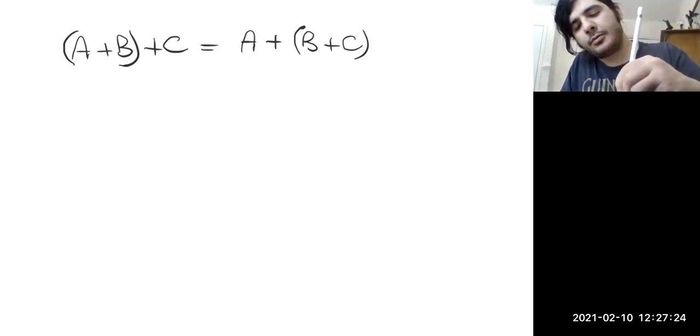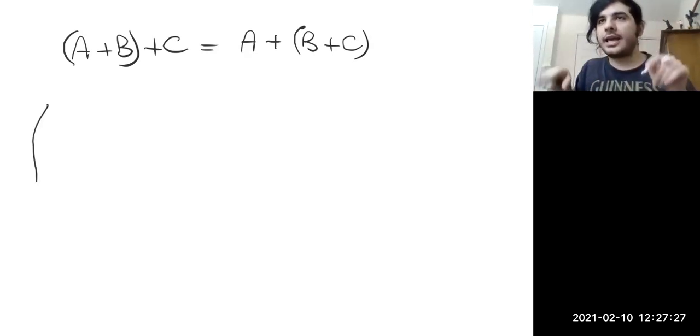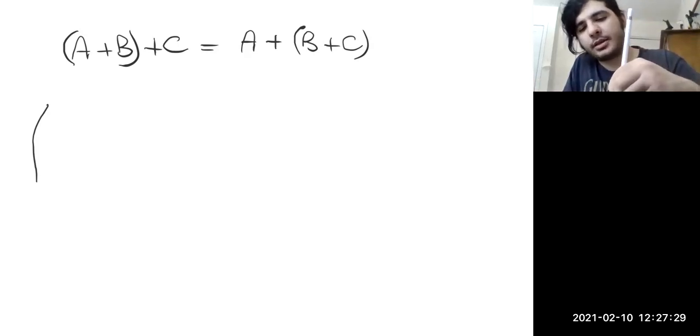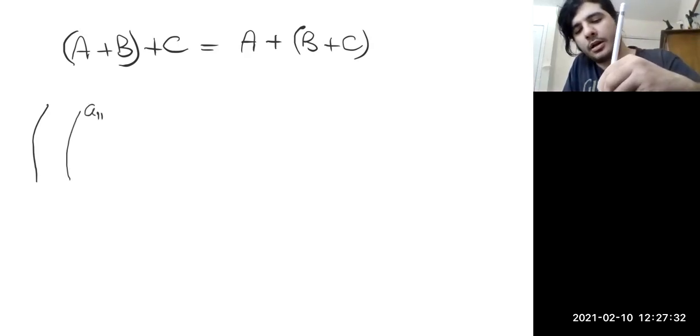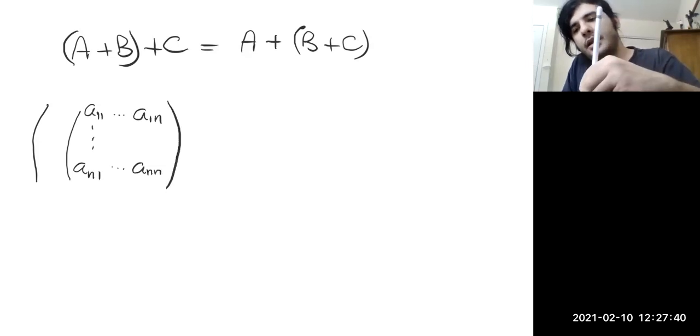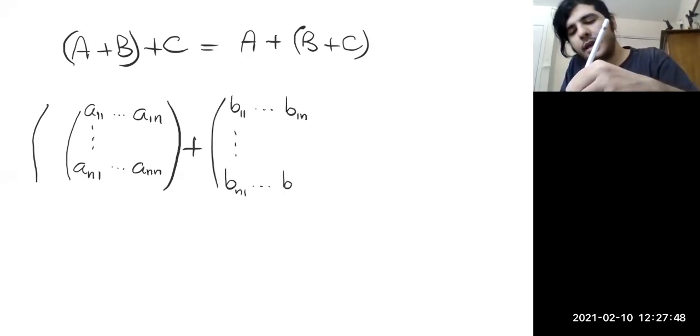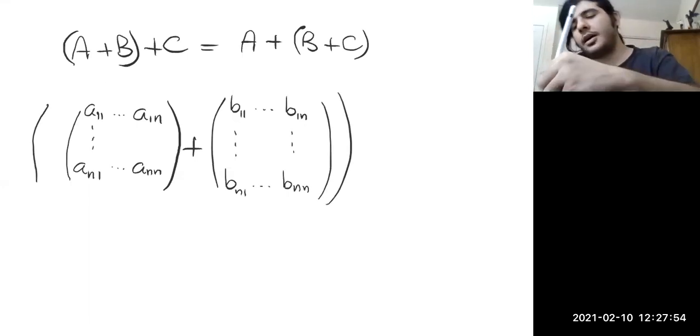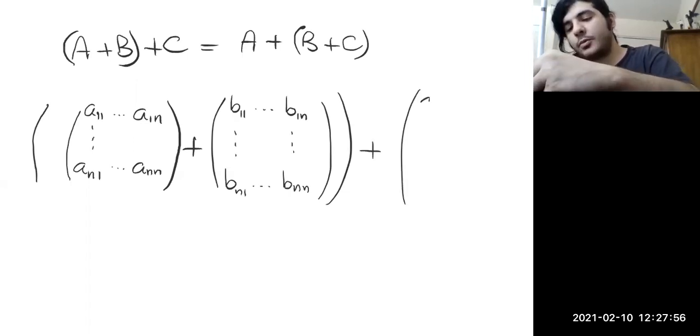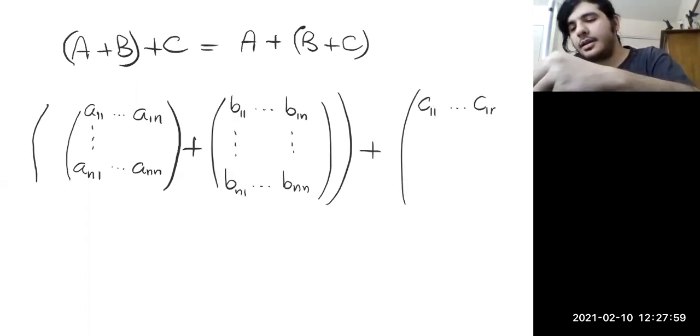So now let me substitute A by what table it really is. So rather than writing A, I would write down A11 up to A1n and An1 up to Ann. And then I want to add it to B11 up to B1n, Bn1 up to Bnn. I close the parentheses and then I would add it to C11 up to C1n, and then Cn1 up to Cnn.